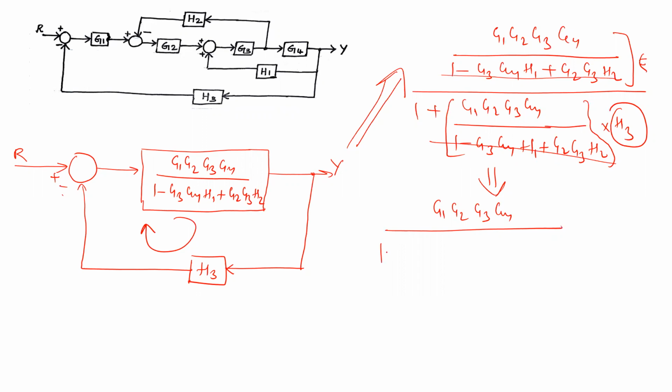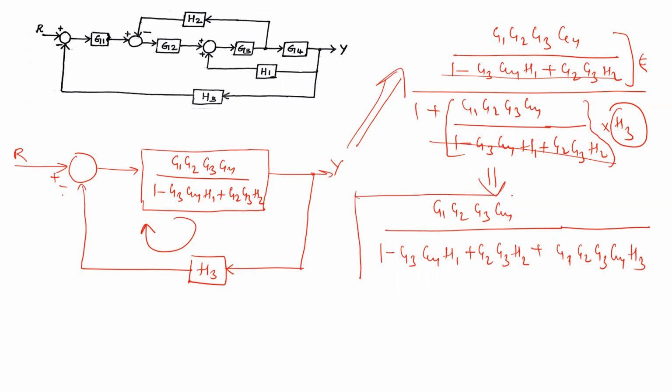And I am left with 1 minus G3, G4, H1 plus G2, G3, H2, plus G1, G2, G3, G4, H3. So this is the single block, which will be the answer to the given numerical.